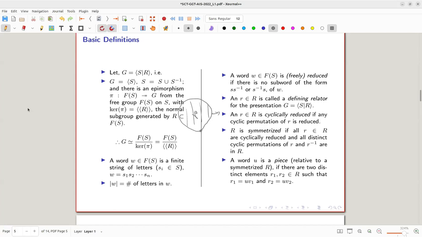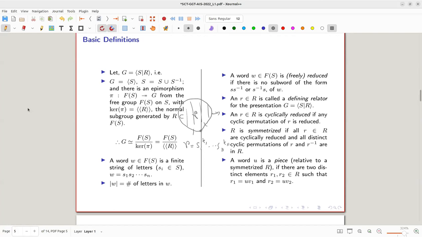If I write R as some word, say S1 to the K1 up to S n to the K n, where these Ki's are integers, it may so happen that there is no subword of the form S S inverse or S inverse S in this word, but there are elements in the beginning and the end so that if we form a loop like this, there are cancellations at the end.